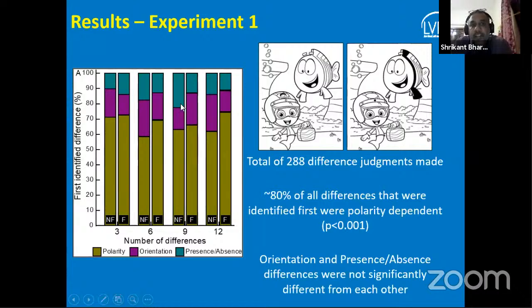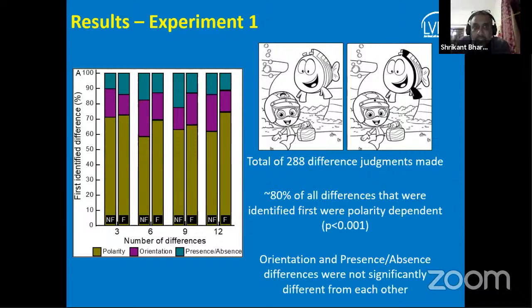Close to about 70 to 80% of all differences that were identified first were the polarity. The remaining 15 to 20% was evenly distributed between the orientation and the presence or absence. So every time you play this game, the first difference that you are likely to identify is invariably the polarity one.